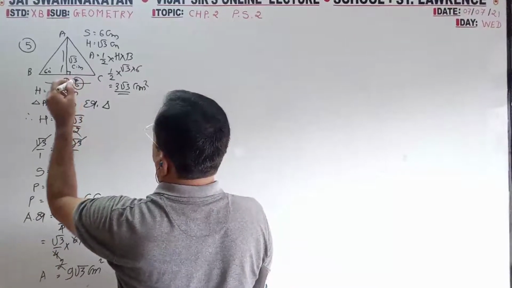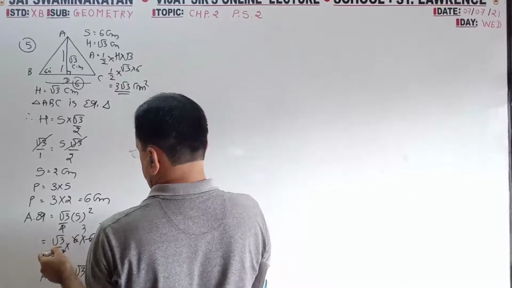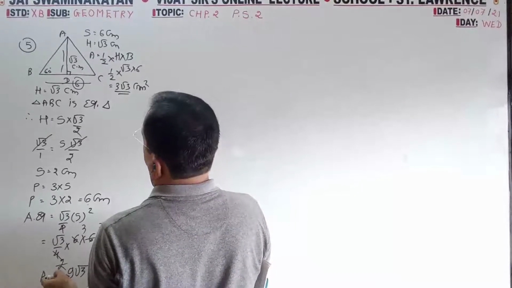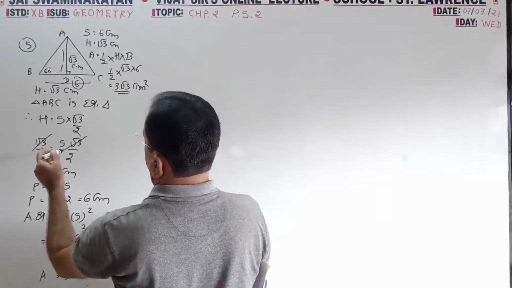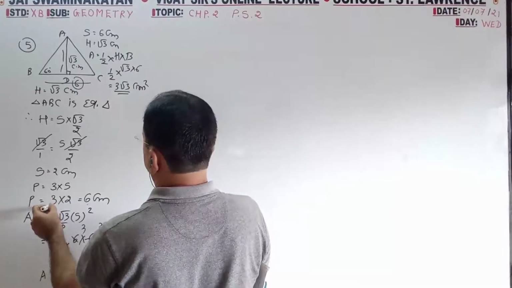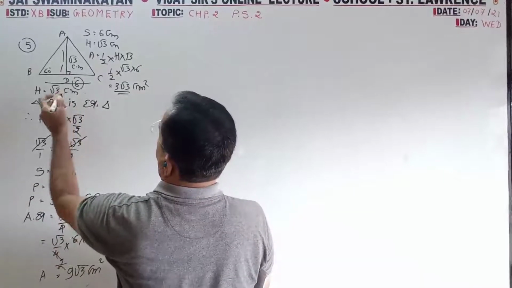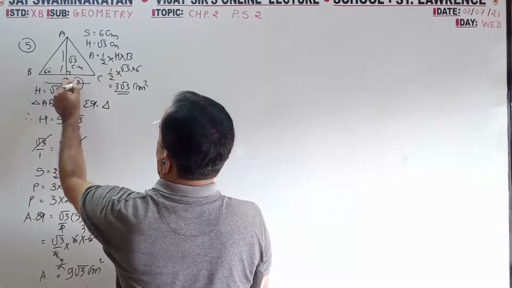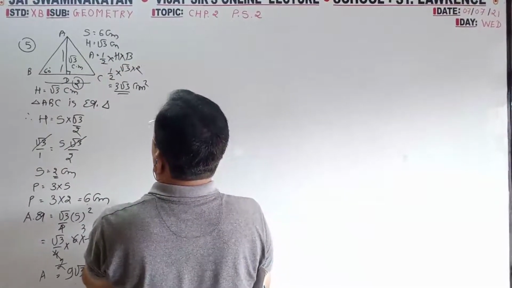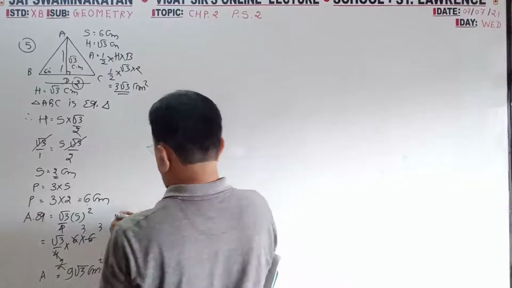Half... what is coming? Perimeter, no, it is not perimeter, side is equal to 2 centimeter. So this is 2 centimeter. Half into height into base, so only root 3 is coming.